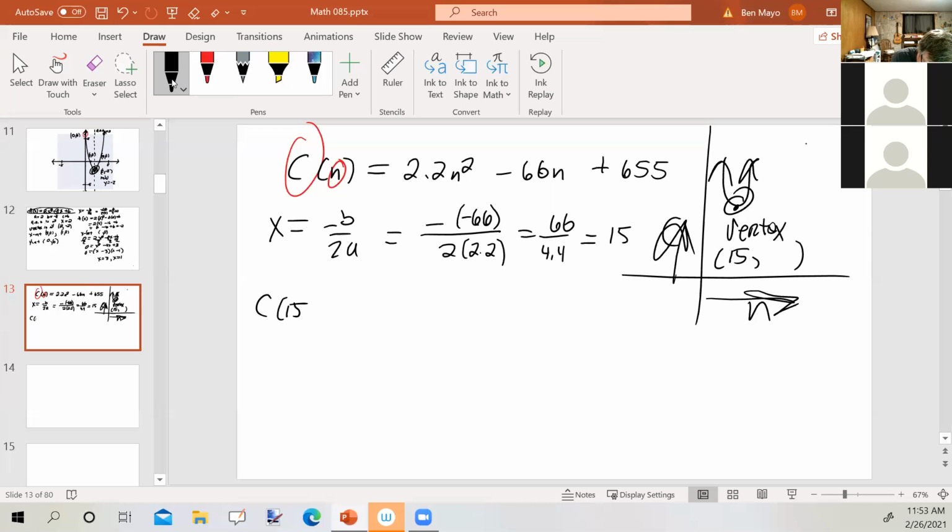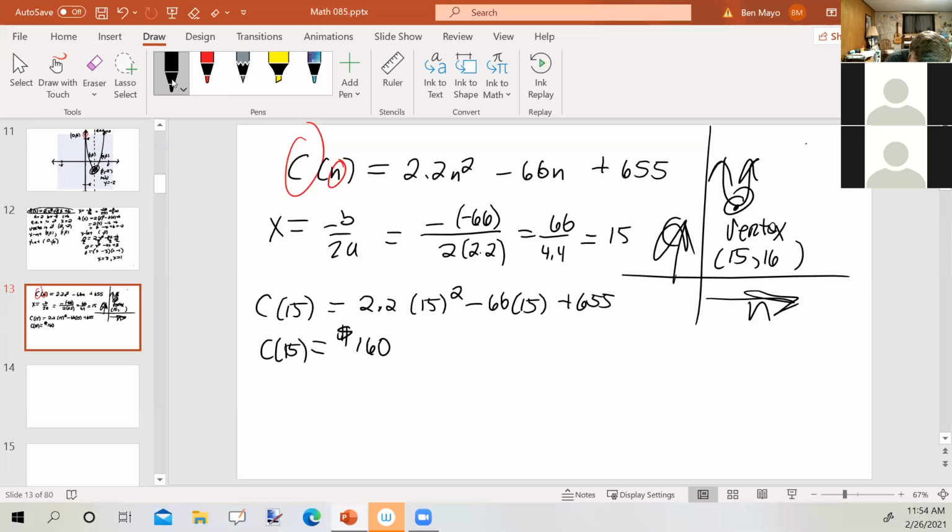So let's find C of 15. 2.2 times 15 squared minus 66 times 15 plus 655. Calculator time. Helps if you turn the calculator on. And I come up with 160. So C of 15 equals 160. That's money. So the vertex is at 15, 160.